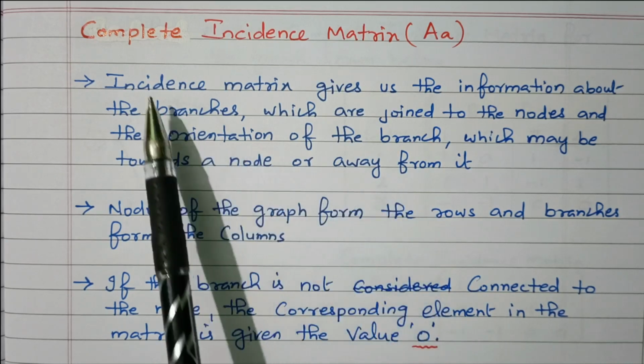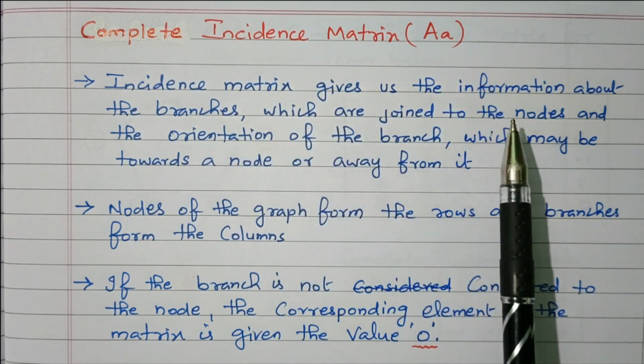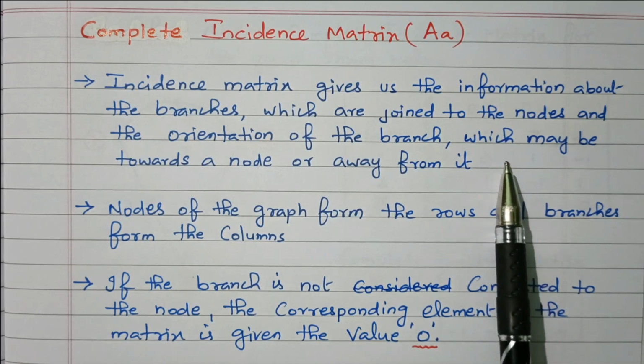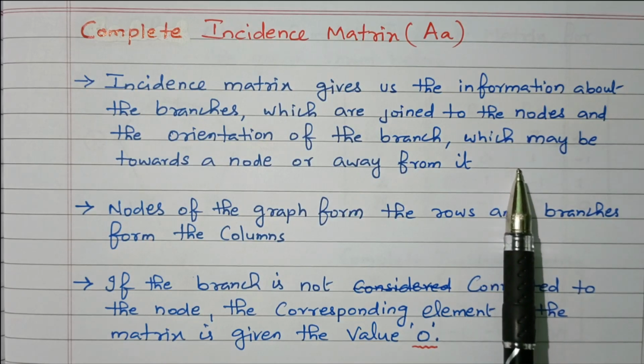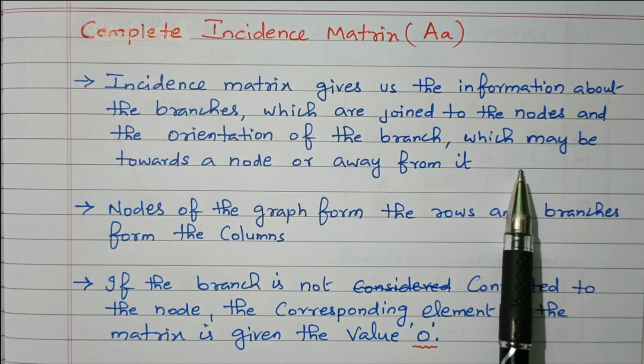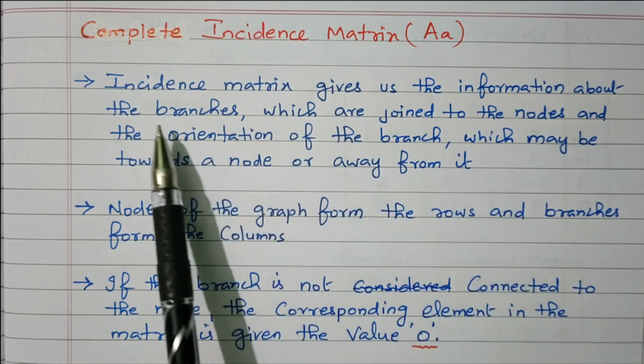Now we'll go to the topic, complete incident matrix available in the network topology. The given network may be represented in a matrix format in order to go for a simplified understanding. Now we'll see what is the incident matrix, complete incident matrix, and what is the procedure to form the complete incident matrix.